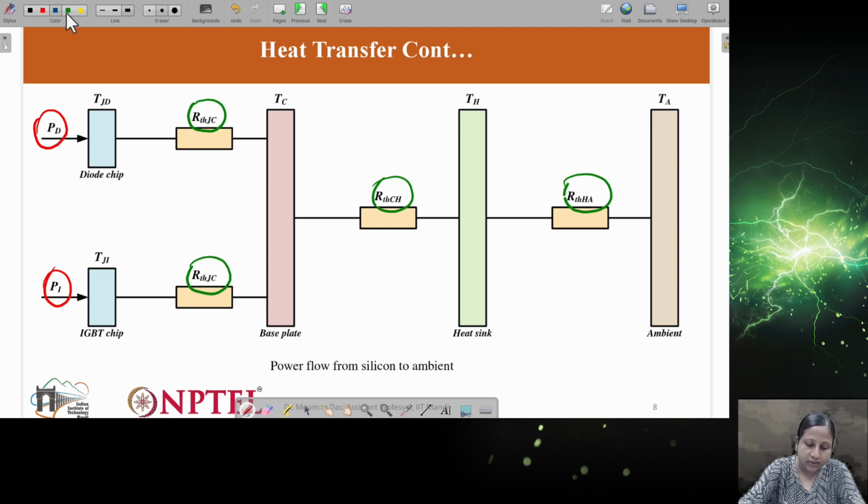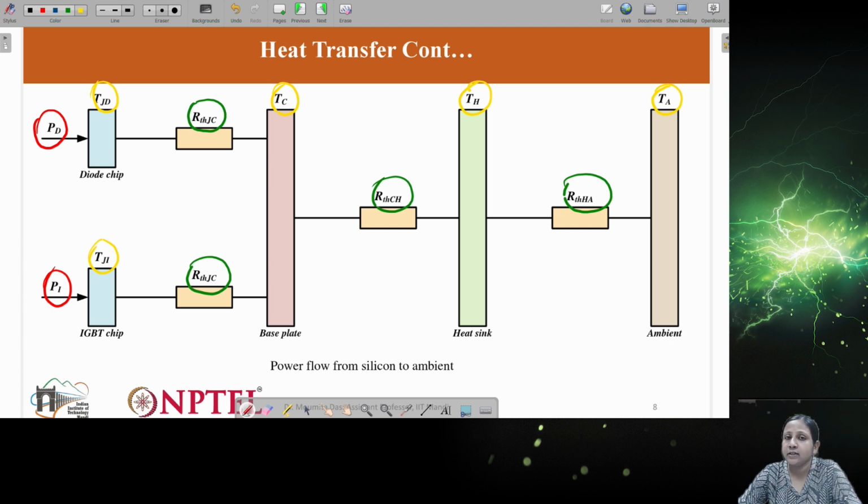So the yellow one is equivalent to voltage. Because I am considering steady state condition, the thermal capacitance is not present here. So temperature is like a voltage point, the power is representing the heat flow, and thermal resistance is equivalent to the resistance of the electrical circuit.